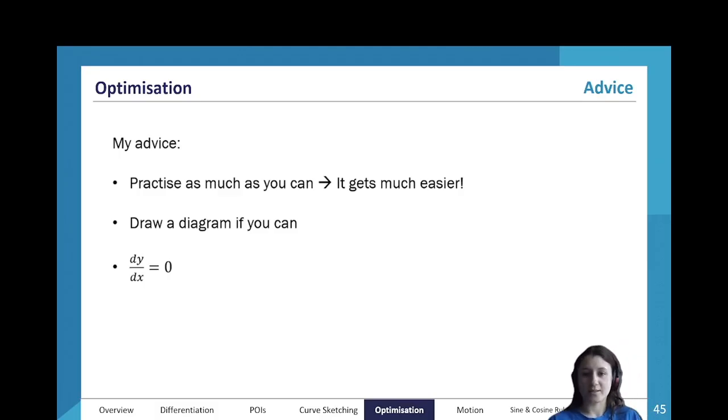I know that that's how it feels. But really, don't worry. As you keep practicing more, it will get a lot easier. I promise, especially with all the algebra and coming up with the different equations. I know it is really overwhelming for some people. So please practice as much as you can.